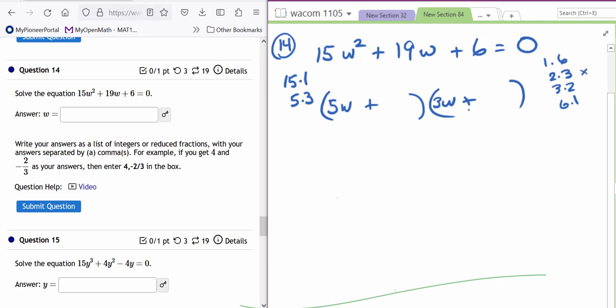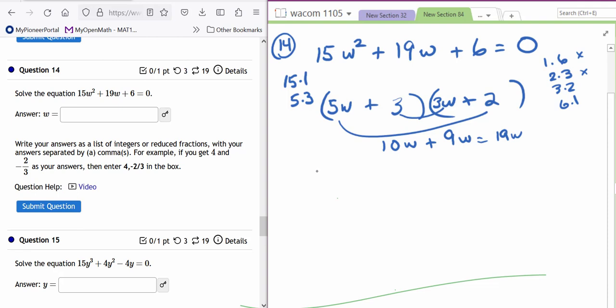And I can leave out the 1 and 6, because those would put common factors in the second set of parentheses. So I'm going to try 3 and 2. And there is 10W plus 9W, and that one is working. So I ruled 2 out and found 1.